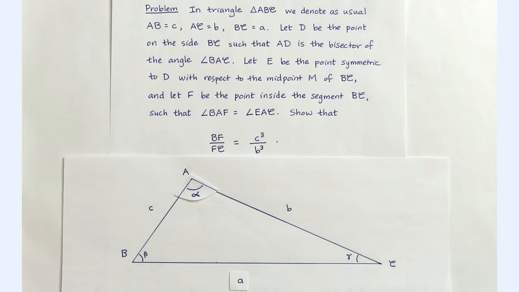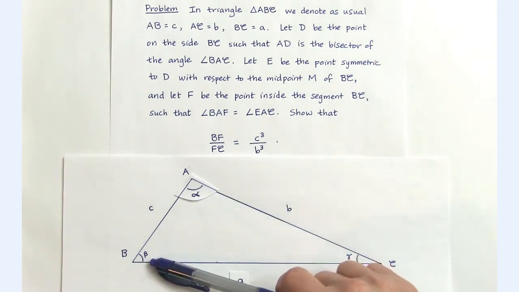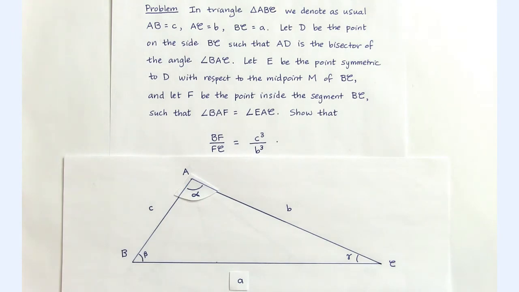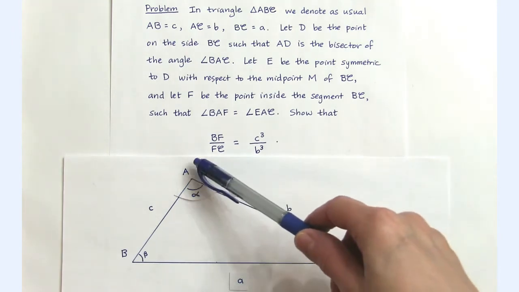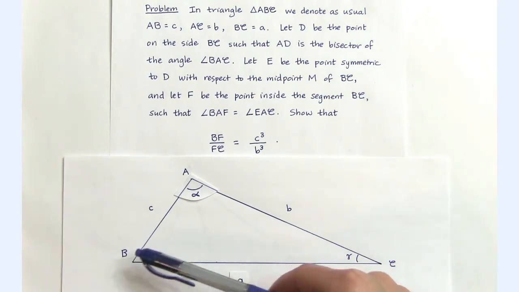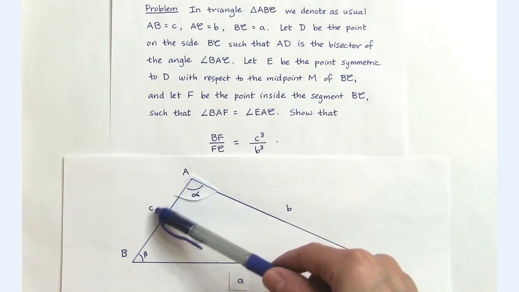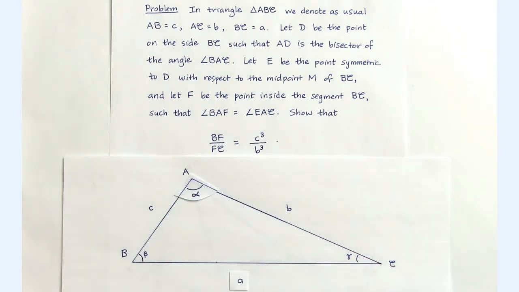So we have a triangle ABC like this, with corresponding angles alpha, beta, and gamma, and the side length opposite the vertex A is of length a, and opposite the vertex B is of length b, and opposite the vertex C is length little c.